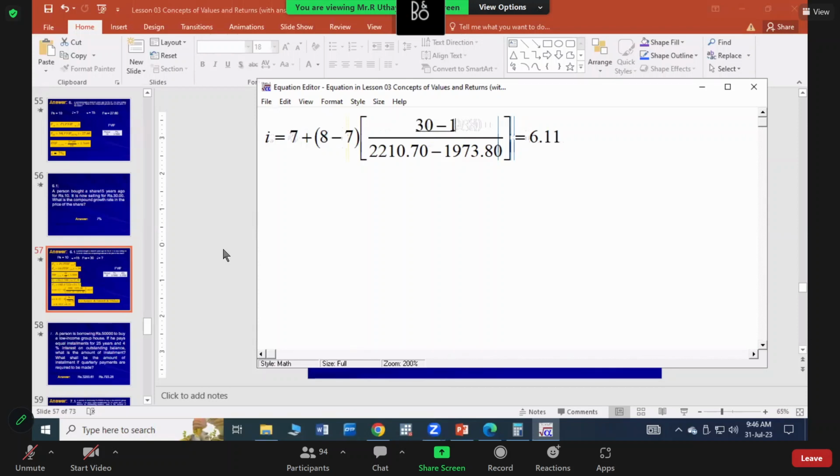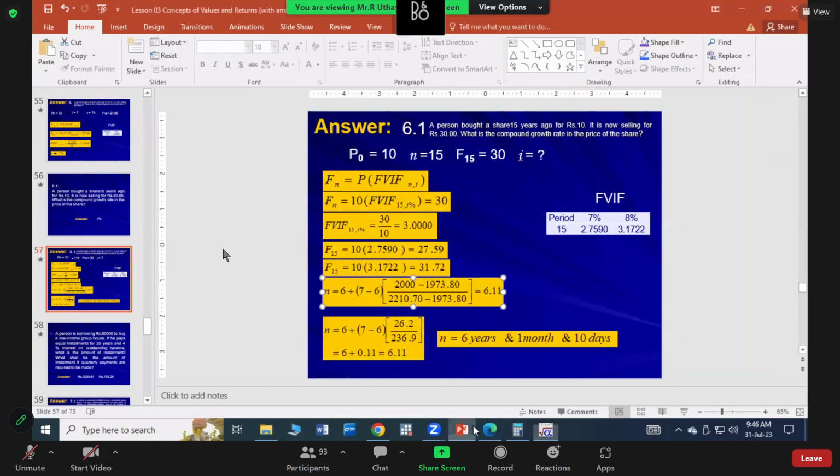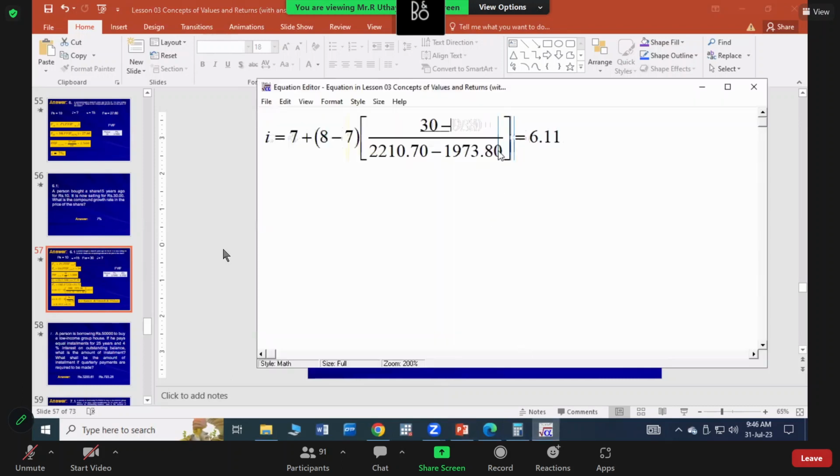The low value, you want to get 27.59, and the maximum value.